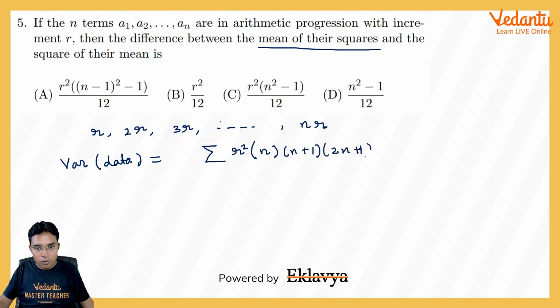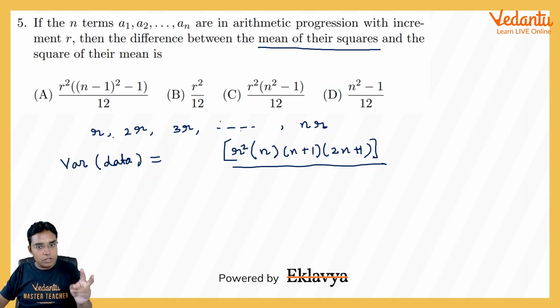In fact, I have already taken the sigma, so this sigma is not needed. You can check, this is actually the sum of squares of all these numbers, because R square has been taken, then it is the sum of squares of first n natural numbers. Divided by 6 will also be there. And if I have to take the mean of these squares, I will be dividing it by n, because these are n in number.